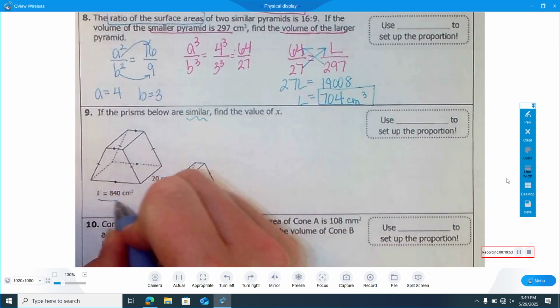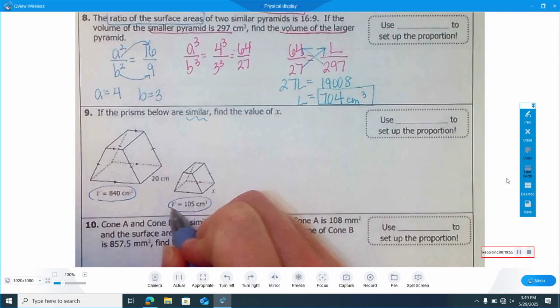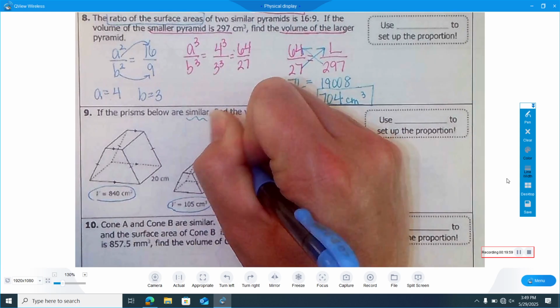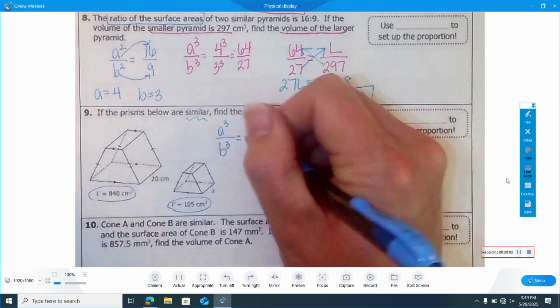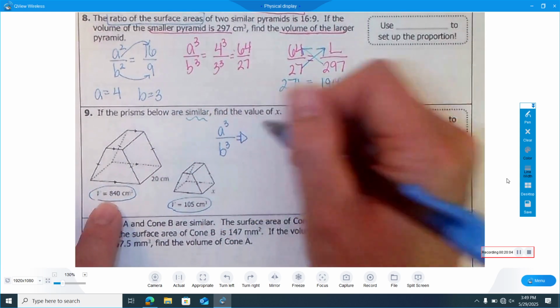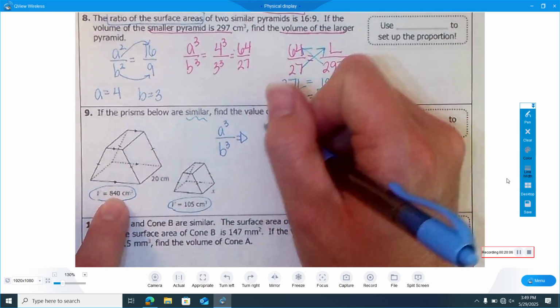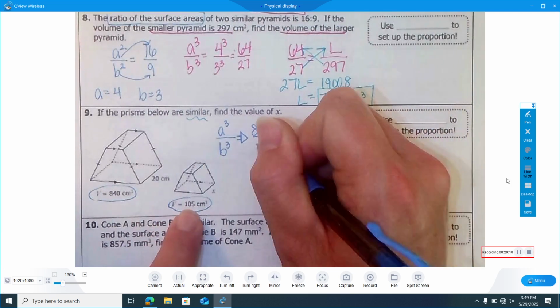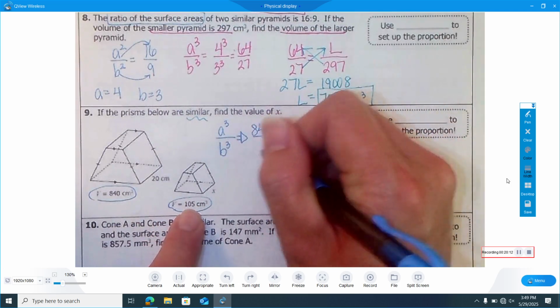So I'm going to use this information to help me figure out my scale factors. Starting with my volumes here, I know that volume is cubic scale factors. So starting with my larger, I have 840, and my smaller one, 105.